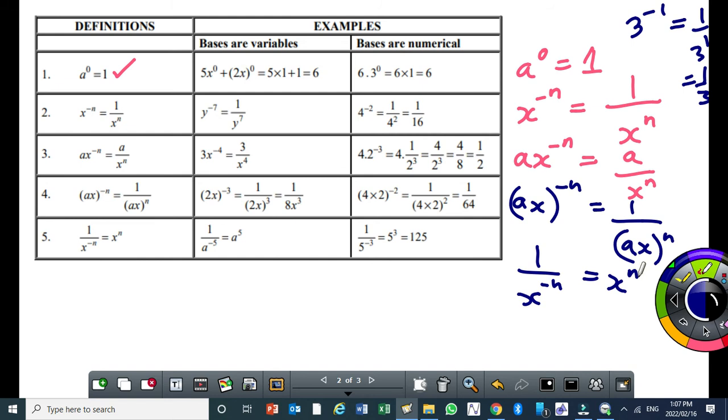It's only that we can convert it from exponential form to a fraction by using definitions number 2, 3, and 4. Definitions 2, 3, and 4 just convert an exponential form to a common fraction, or you can say to a combination of fraction and exponents.